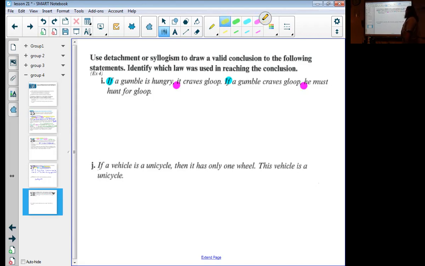If a gumble is hungry, it craves glue. If a gumble craves glue, you must hunt for glue. We have crave glue and crave glue. Those two parts are the exact same. So we're going to be using the law of syllogism.